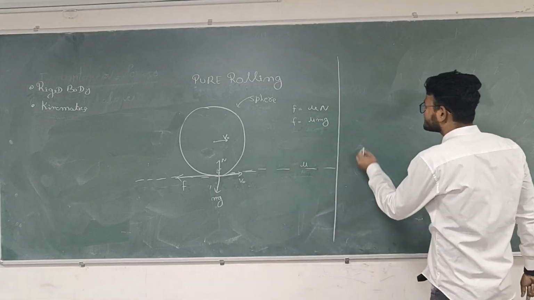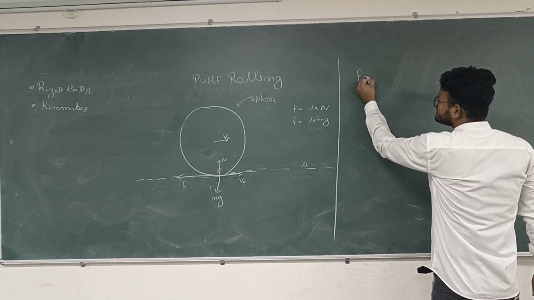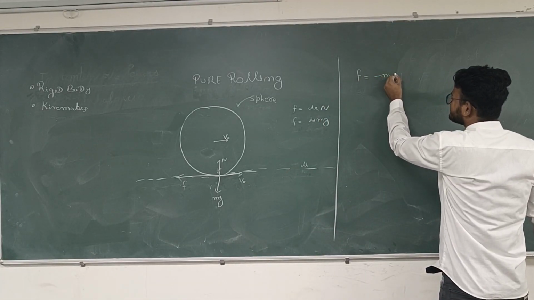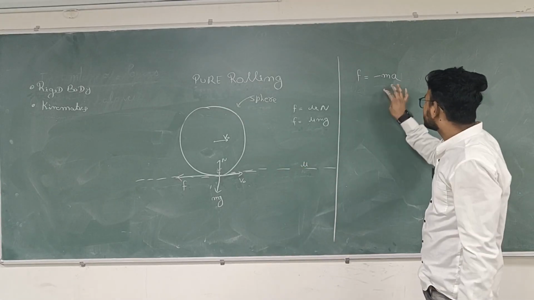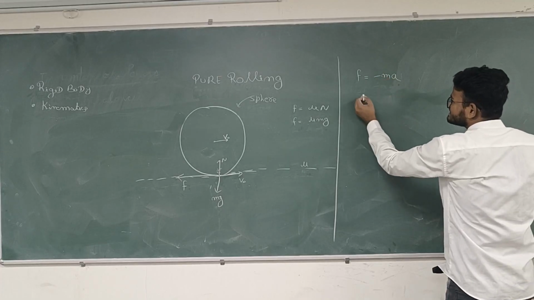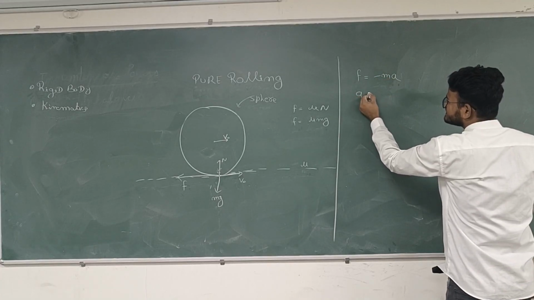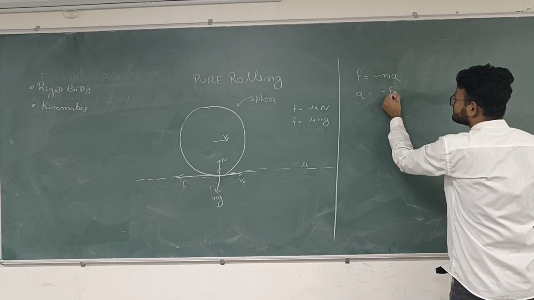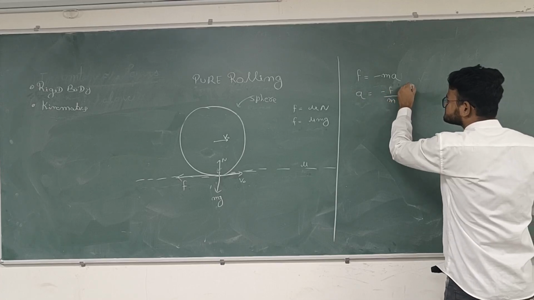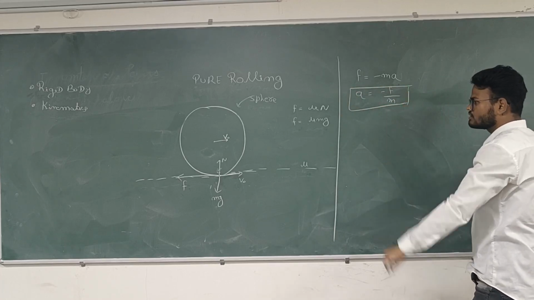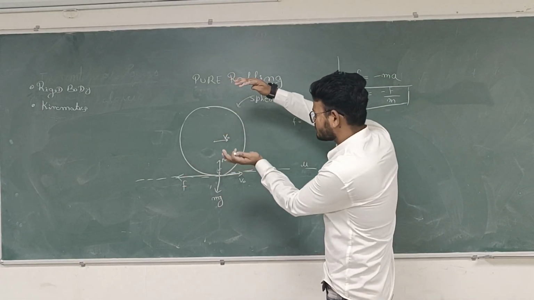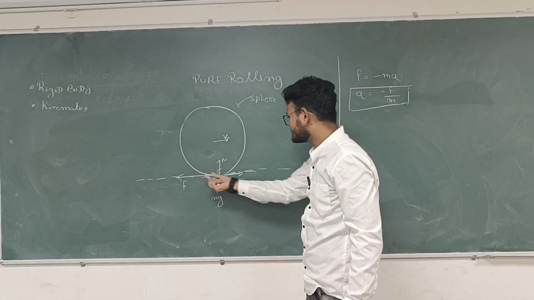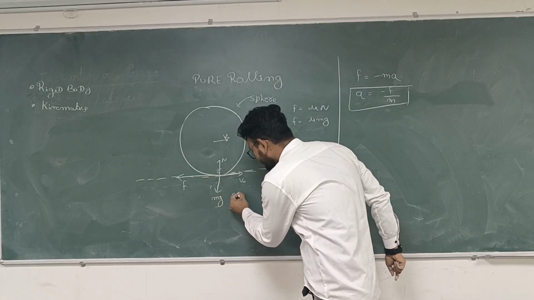So we can write friction force equals minus m a, because it is reducing its velocity. So acceleration a equals minus F by m, and also this friction force provides a torque in the clockwise direction, that increases its angular velocity omega.